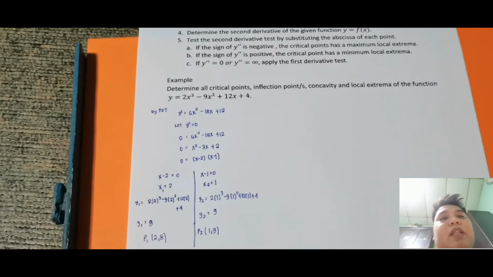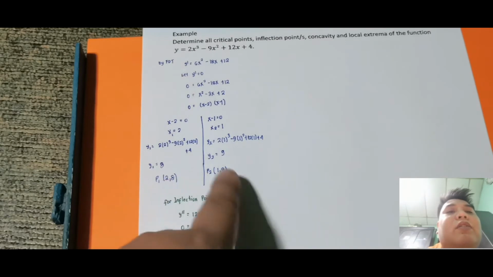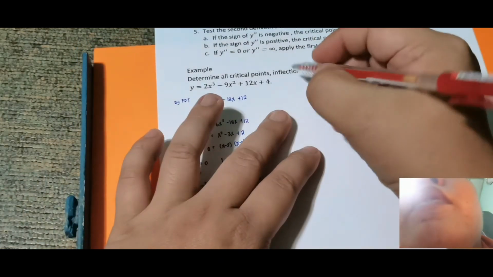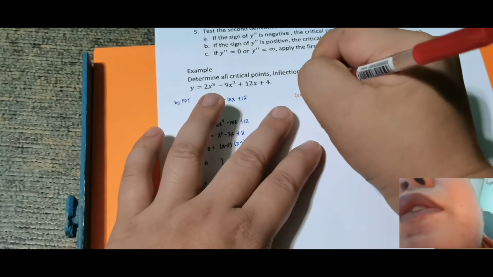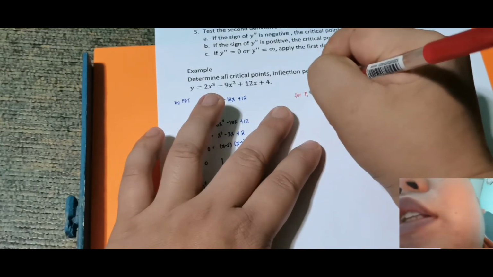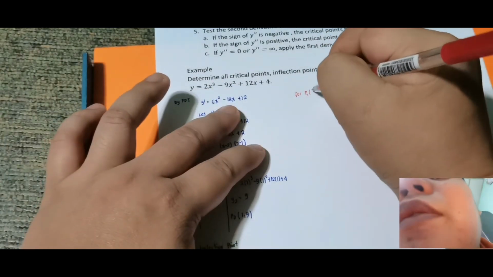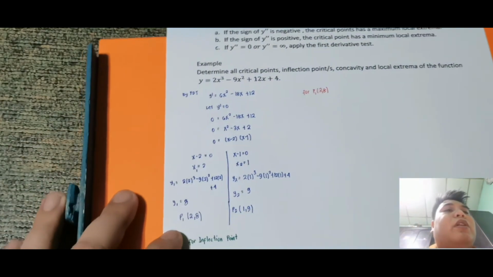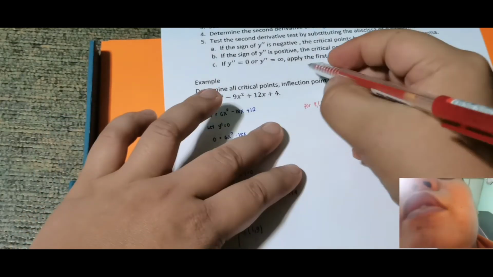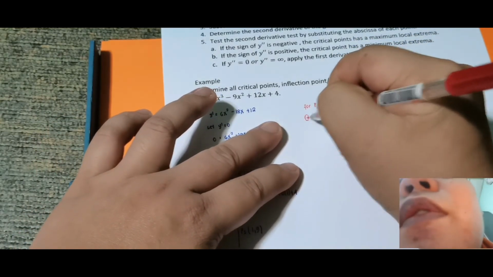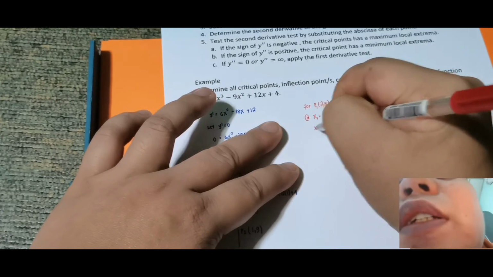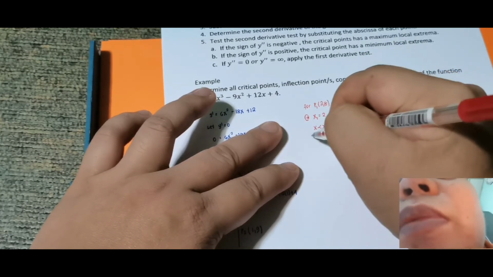Okay, ngayon, since FDT yung gagamitin natin, kunin natin yung isang abscissa. So for P1, for P sub 1 na equal sa 2, 8. Kunin natin, so at x sub 1 is equal to 2, we have x less than x sub 1. Ano yung pipiliin?